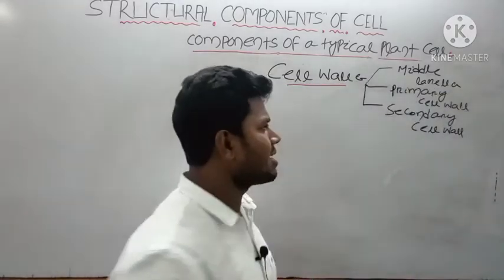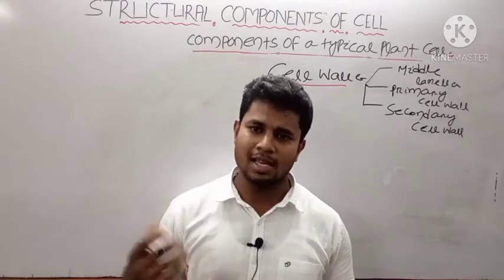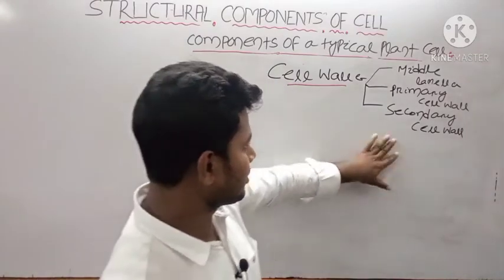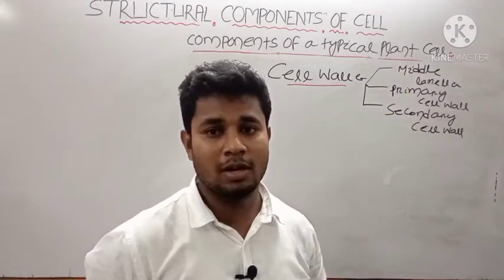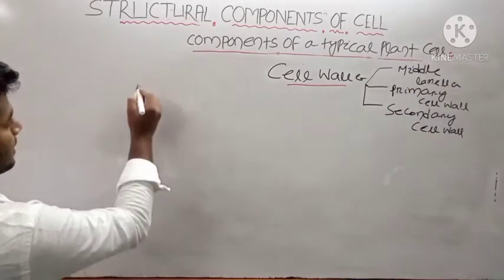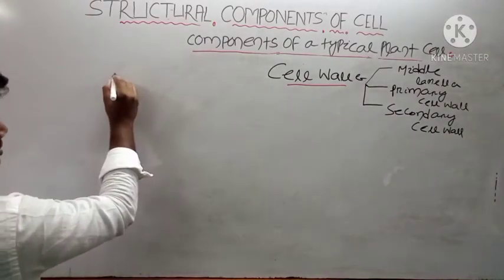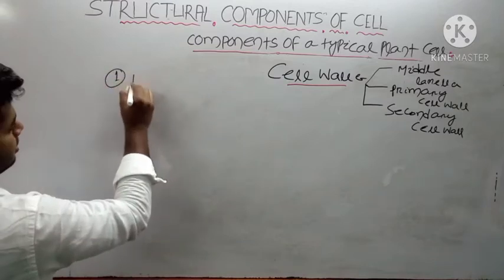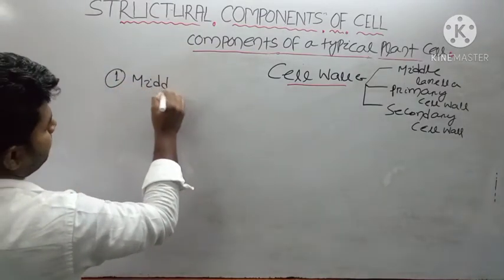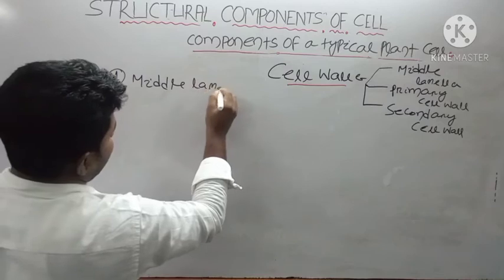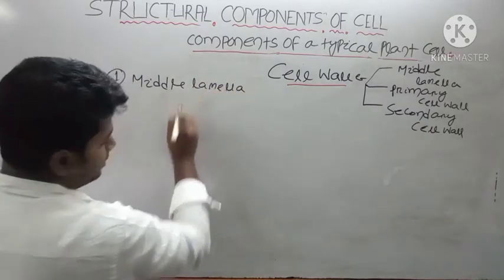But in some plants and gymnosperms, a tertiary cell wall is also present. First, let us discuss the structure of the middle lamella.